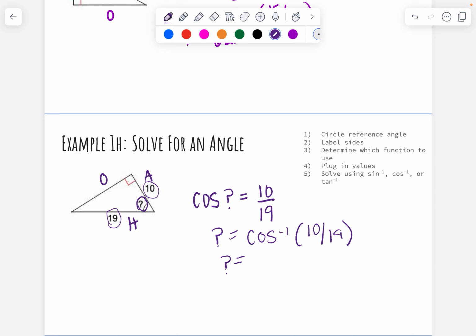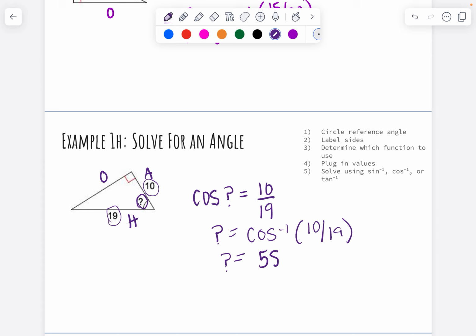And our question mark would equal about 58.24 degrees.